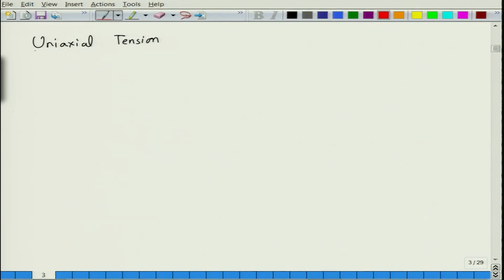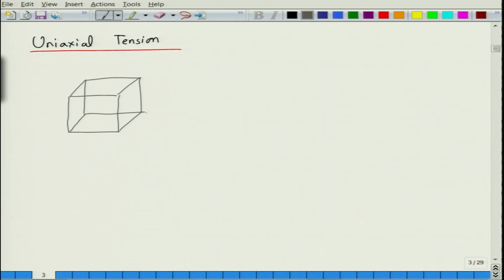So, uniaxial tension can be described by, if you have a sample, let us say like a cube like this, let us say this is x axis, this is y axis, this is z axis, then we say that along this direction sigma x is not equal to 0.